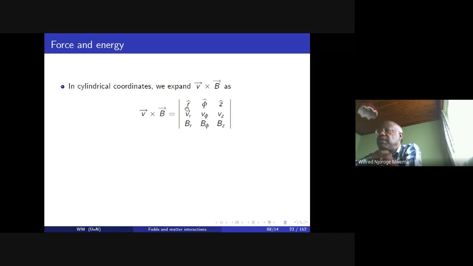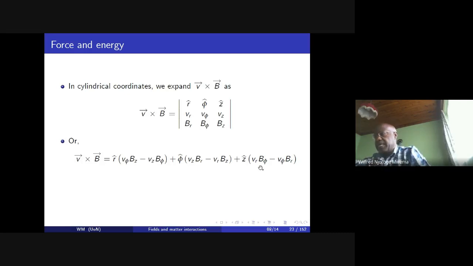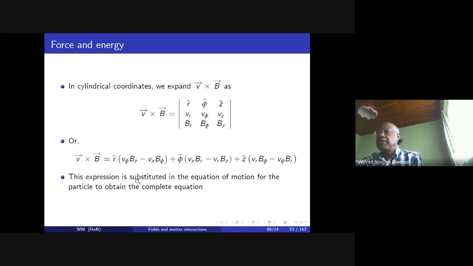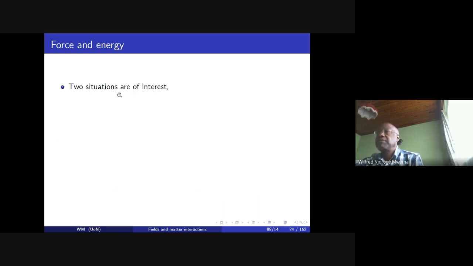So then we can always say r cap (V_phi B_z minus V_z B_phi) and so forth, just like we do the curl equations that we've been dealing with in Maxwell's equations. And therefore, this can be expanded as that. The expression is then substituted in the equation of motion for the particle to obtain the complete equation of motion, relating the forces.